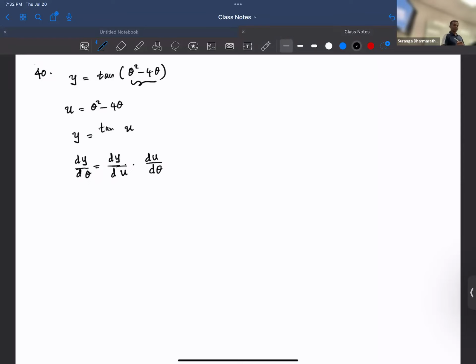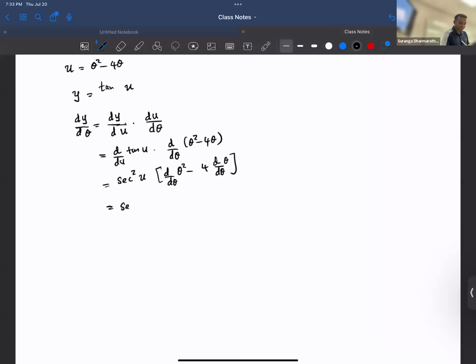So what is dy over du? This is d over du of tangent u times d over d theta of theta squared minus 4 theta, right? So what is this one? Secant squared u, right? If you differentiate this one, d over d theta of theta squared minus 4 times d over d theta of theta, right? Secant squared of theta squared minus 4 theta.